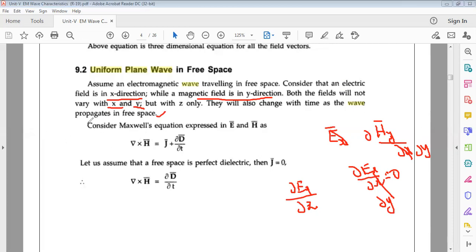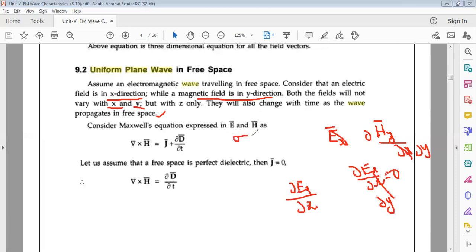Now consider Maxwell's equation expressed in E bar and H bar. That is one of Maxwell's equations, Ampere's circuital law: del cross H bar is equal to JC bar plus JD bar, where JC is the conduction current density and JD is the displacement current density.